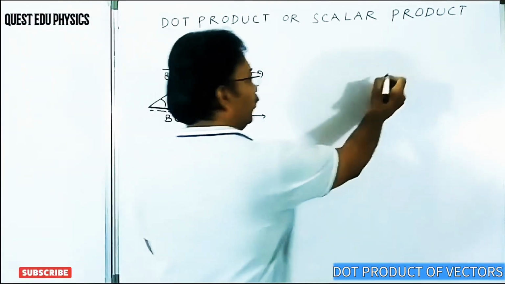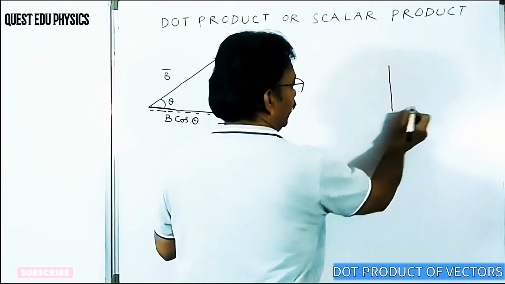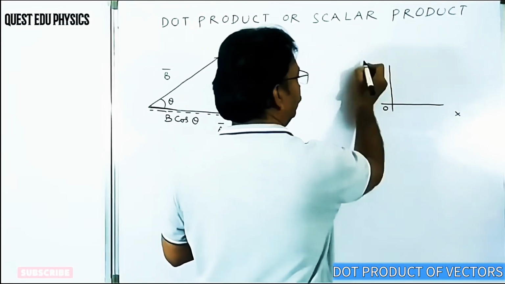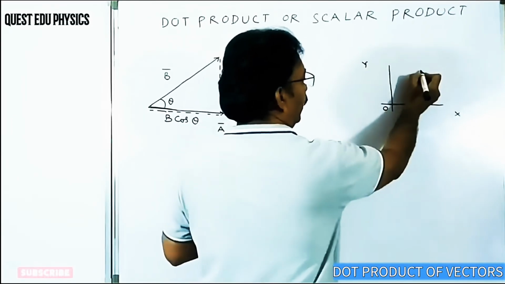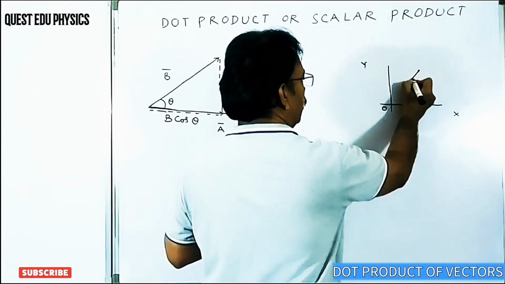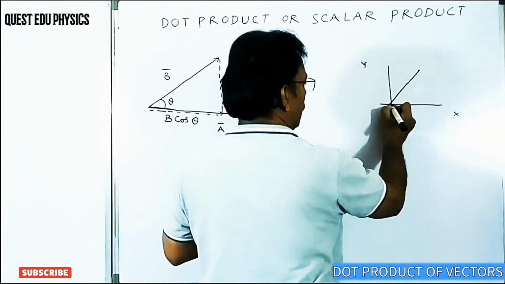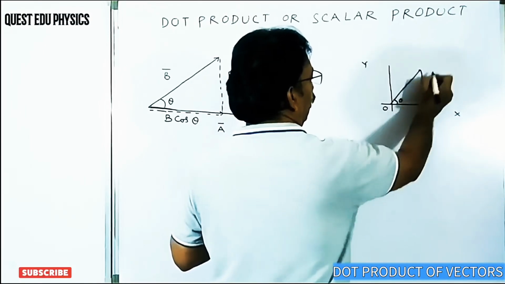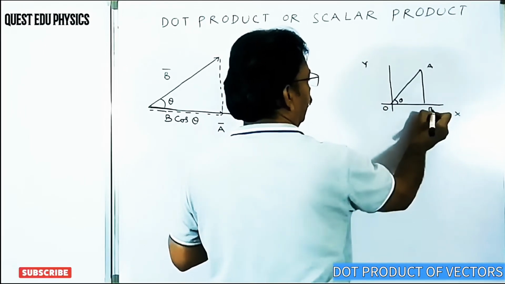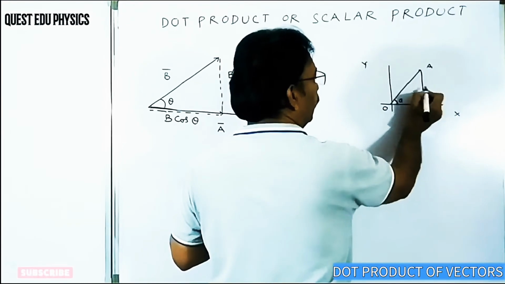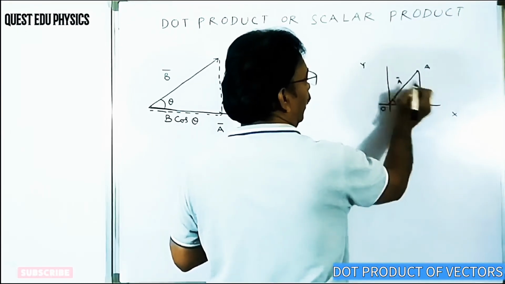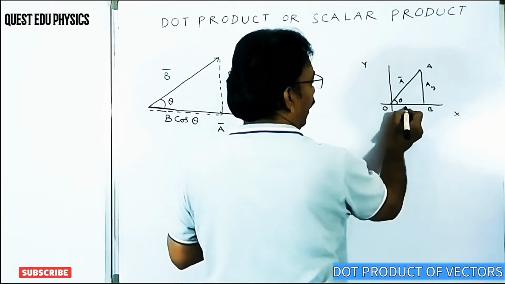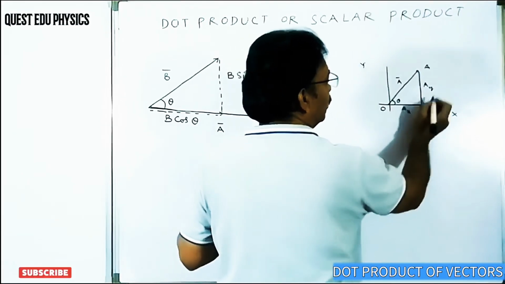I will repeat how we can resolve. In the previous class we learned about the resolution of vectors. If you take an xy plane and a position vector, we construct a triangle OAB, where the opposite side is the vector A bar, and we write this component as AY and the other as AX.